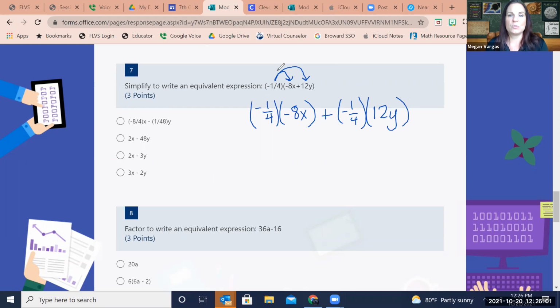Right? So let's do the first one. Let's do -1/4 times -8x. So off to the side here, -1/4 times -8. A negative times a negative equals a positive. And I would get 8 on top and 4 on the bottom, which would be 2. So I get 2x.